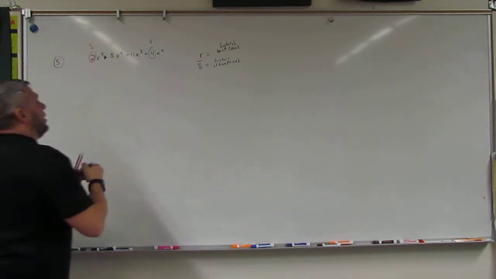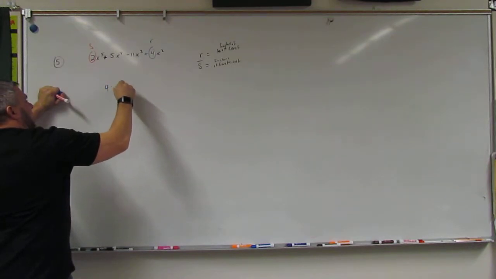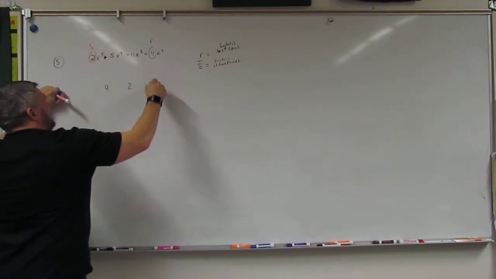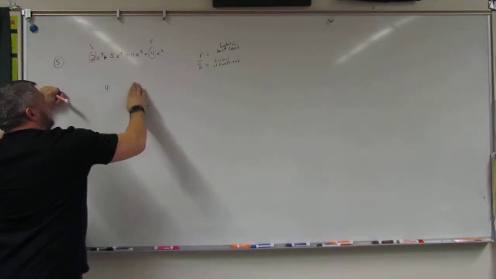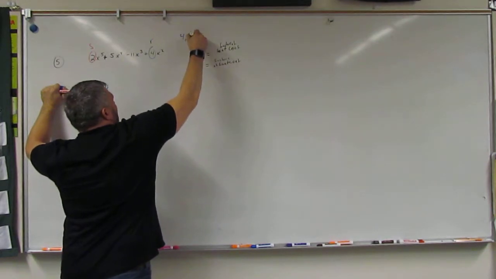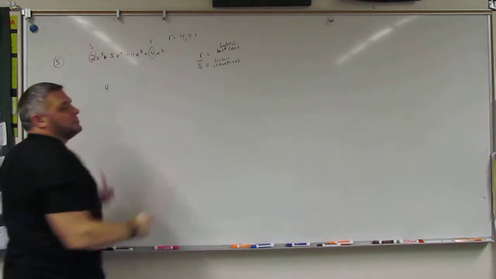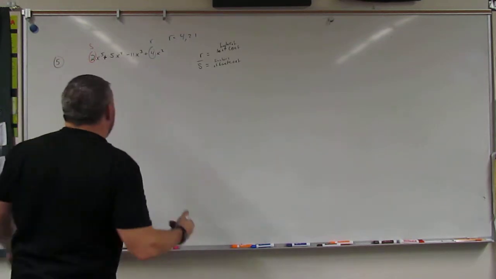So all the R's are going to be 4, 2, and 1, right? That's your R's, okay? Because 4 times 1 is 4, and 2 times 2 is 4. So those are your factors of 4.